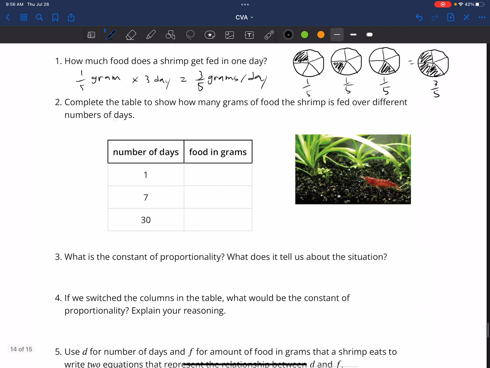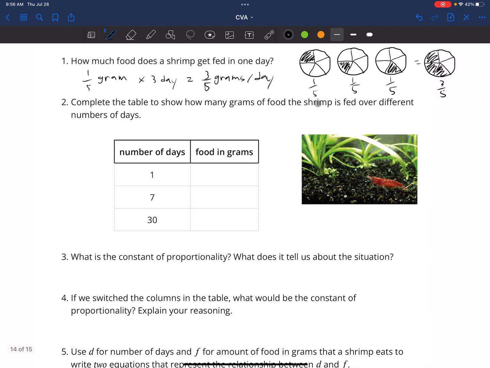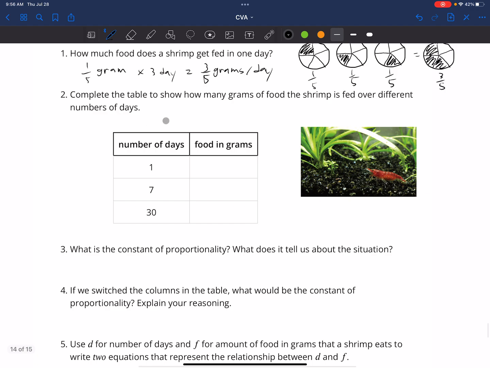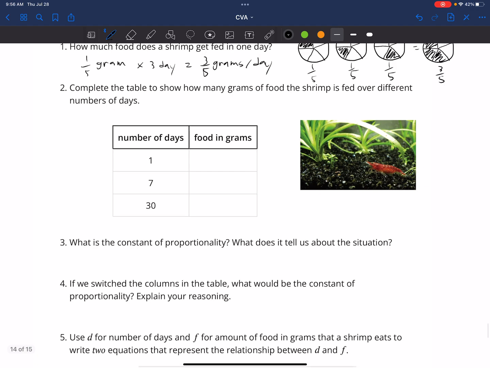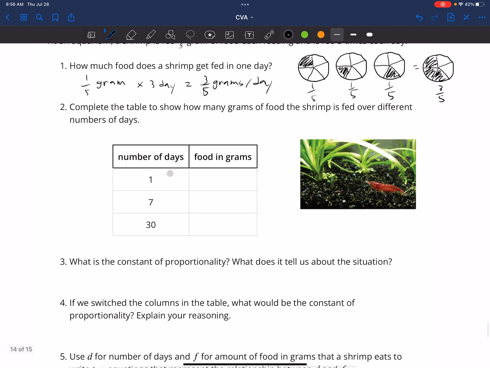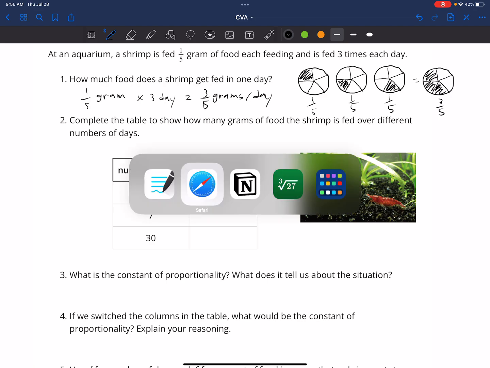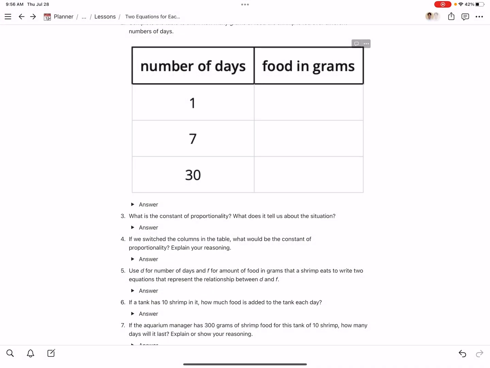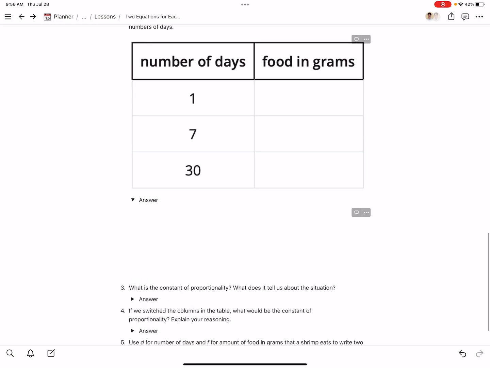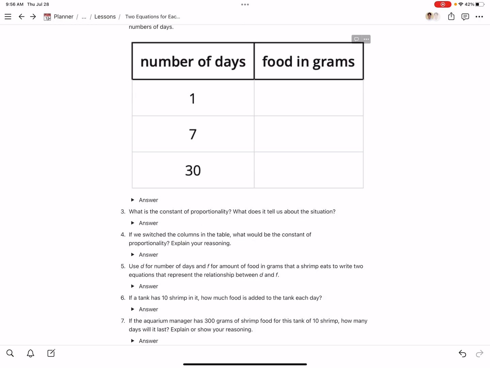Complete the table to show how many grams of food the shrimp is fed over different numbers of days. After 1 day, it gets fed 3/5 of a gram. Let me double check this to make sure. Yep, 3/5.